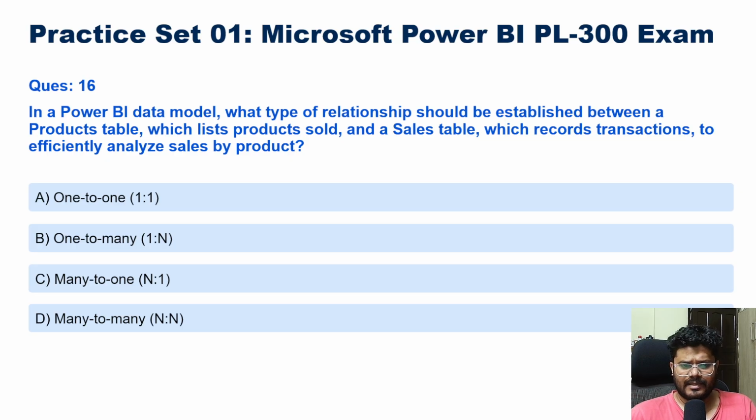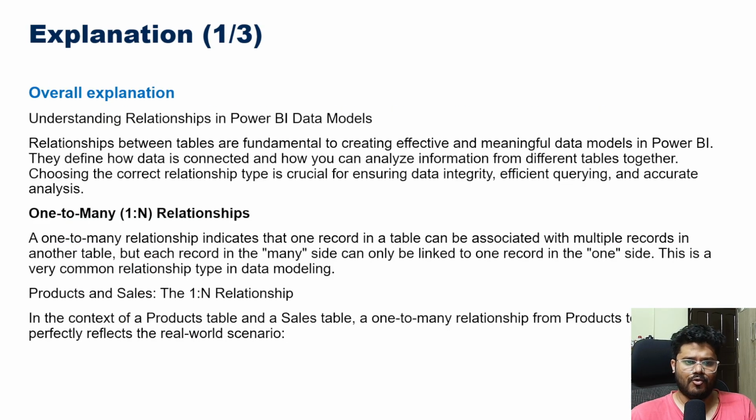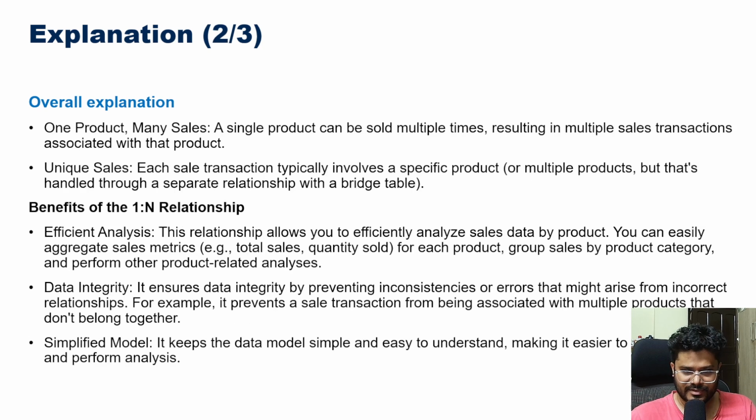Your time's up. Let's see the solution. It is one to many, denoted by 1 to n. Let's look at the overall explanation of one to many relationships. You can pause the video here to improve your understanding of this topic. The next slide covers the benefits of this relationship, talking about efficient analysis, data integrity, and a simplified model in Power BI Desktop.